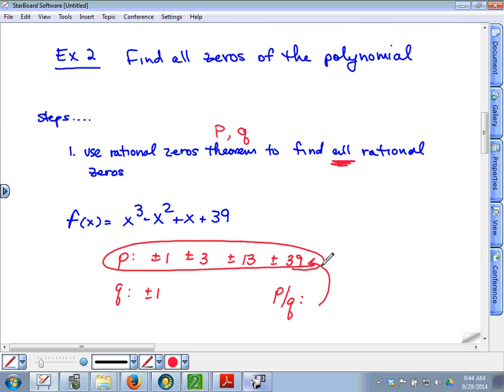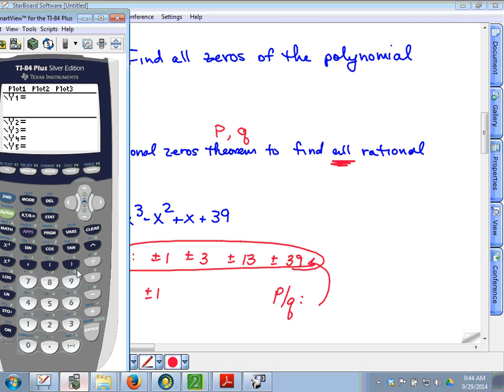Which ones actually are rational zeros? How do we know? Graph them. X to the third minus x squared plus x plus 39. Hopefully we can find a few rational zeros on here.